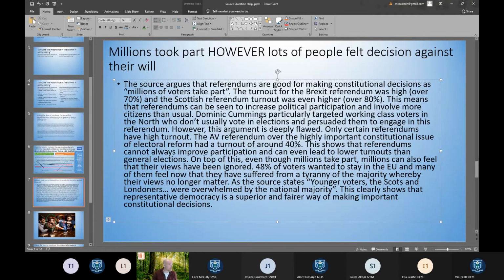Let's get you guys in. On top of this, even though millions of voters take part, millions can feel that views have been ignored. 48% of voters wanted to stay in the EU, and suffered a tyranny of the majority whereby their views no longer matter.